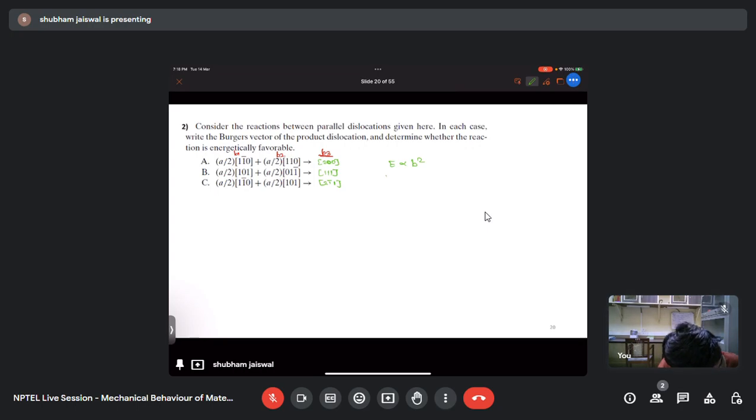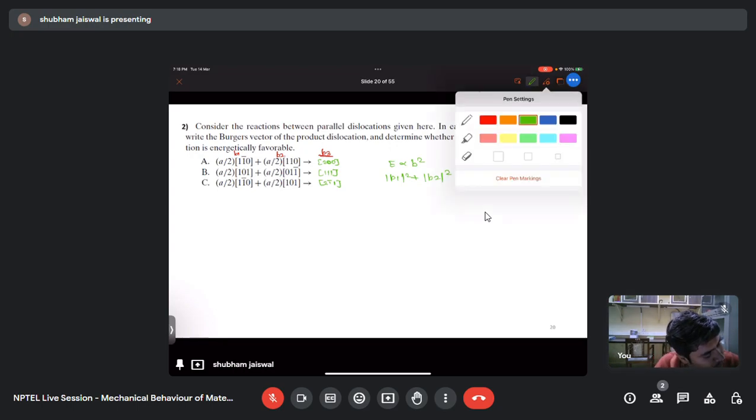Then if b1 square plus b2 square is greater than b3 square, then it is energetically favorable. So now we need to find out the b1 square plus b2 square for all these conditions.